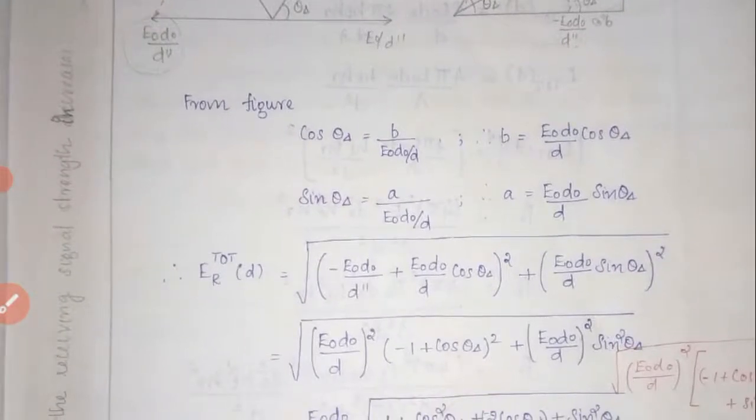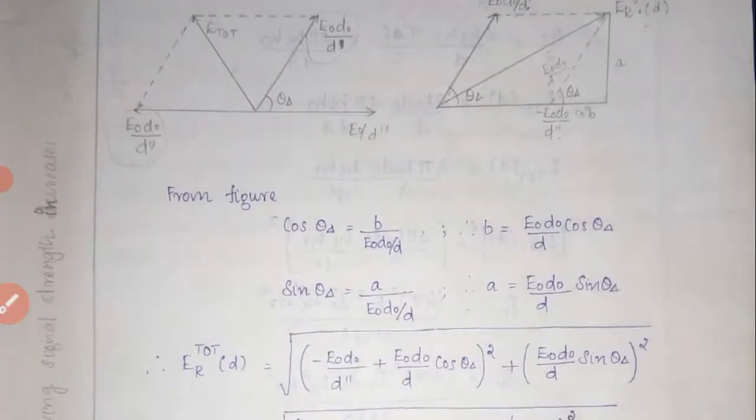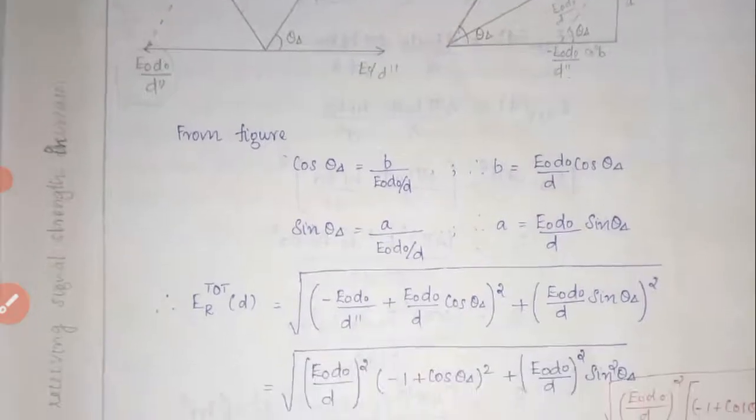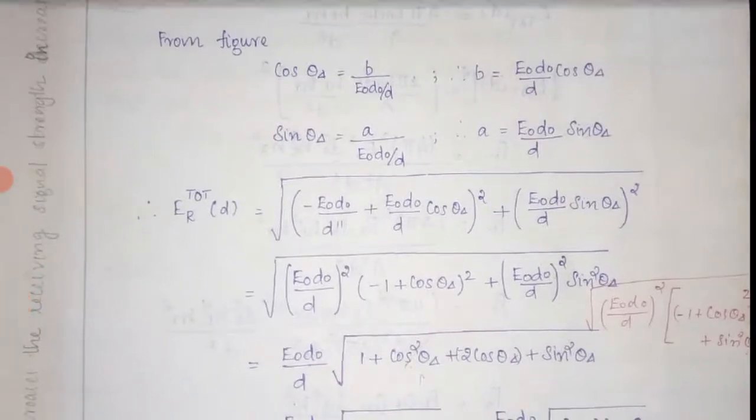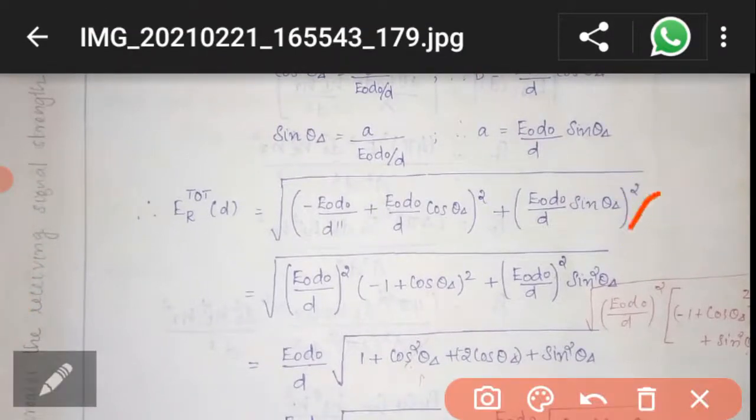ER total of D is equal to the square root of minus E naught D naught by D dash plus B the whole square plus A square. So we are just substituting the value of A and B, we get this expression.